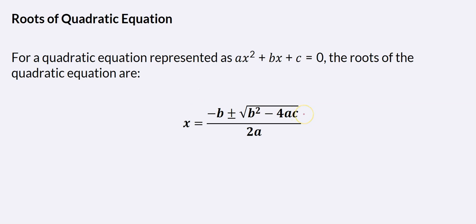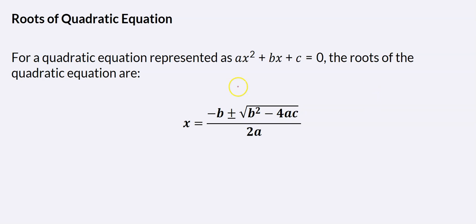So when we have a quadratic equation, we have this quadratic formula that we can use to get the value of the roots of the quadratic equation. And this is very important because I'm going to show you how you can actually use this to get the formula for deriving the product of the roots of quadratic equations.